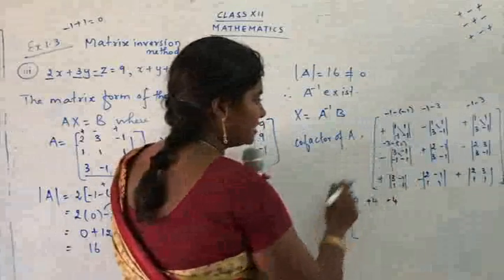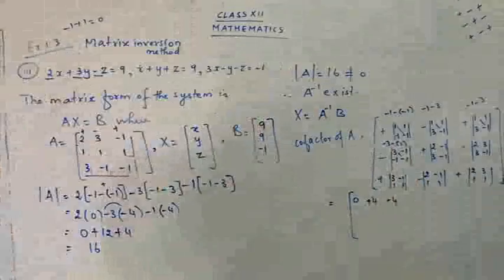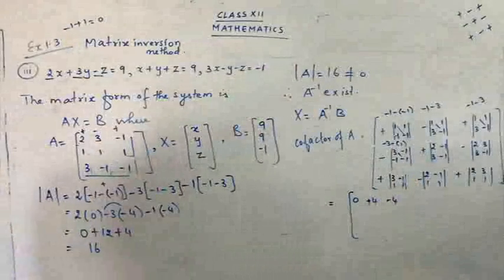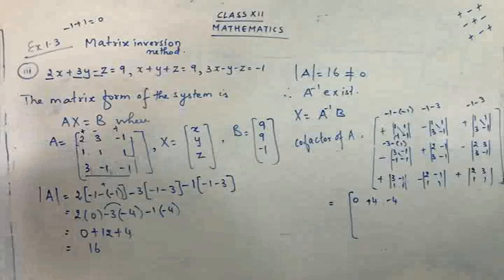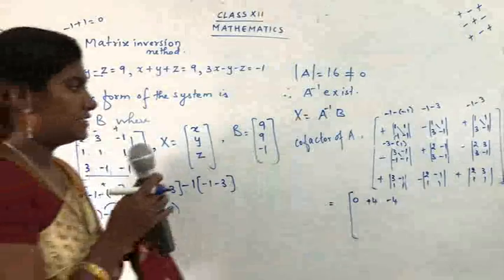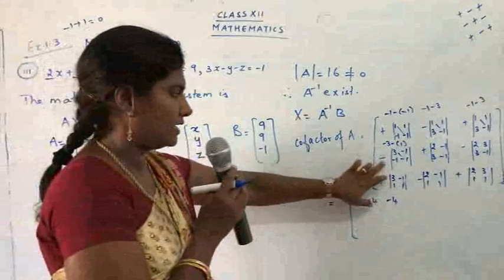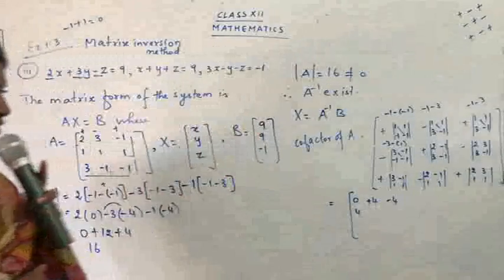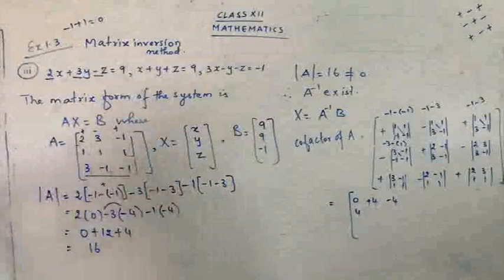So minus 3 minus 1. Minus minus plus. So 3 plus 1, 4. We have both the numbers as negative, so it should be taken as negative. So it is minus 4 and we have here 1. Outside the sign is minus. So it is plus 4. So you have here 4.